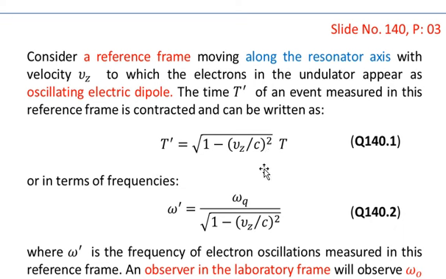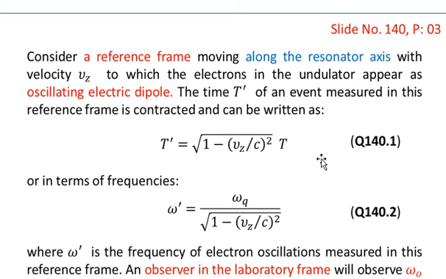In terms of the frequencies, if you want to write equation 1, you can take the reciprocal, that is 1 over t prime is equal to 1 over the square root of 1 minus (Vz over c) whole square, times 1 over t.